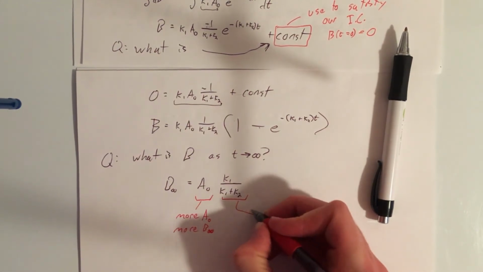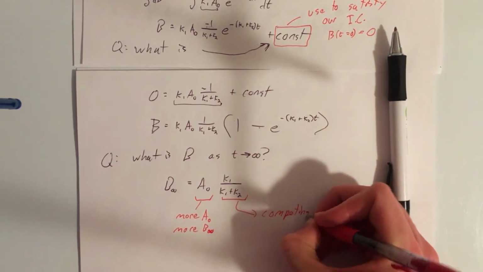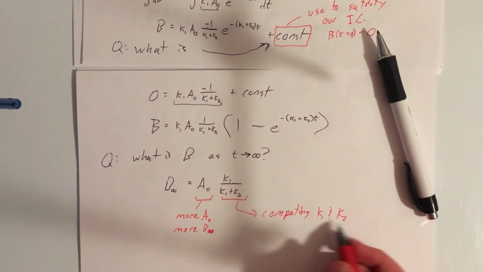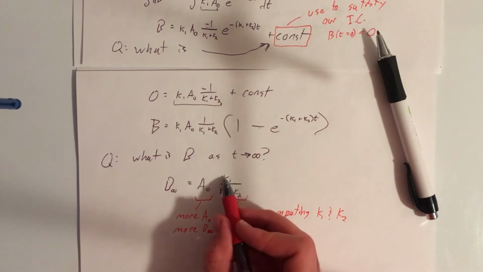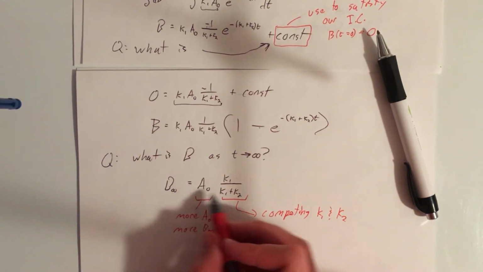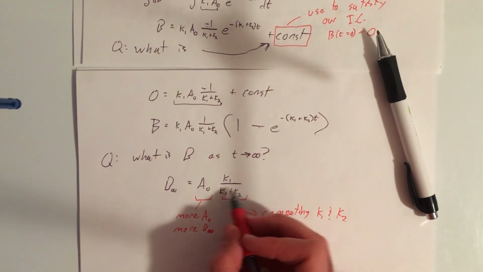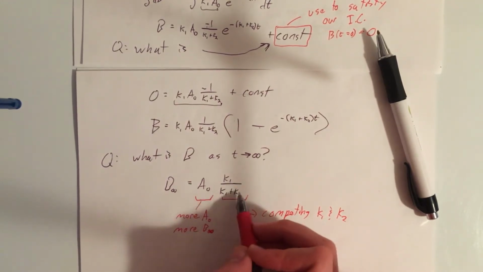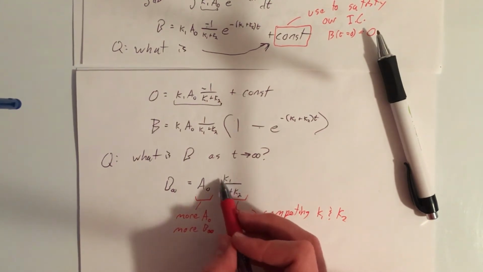The idea here is we have competing rates. We have competing K1 and K2. So ultimately, it's the ratio of the particular K associated with B over the overall rate at which A is being consumed. The overall rate of consumption of A is down here, and something proportional to it is here, and then the rate of production of B is this term up here.